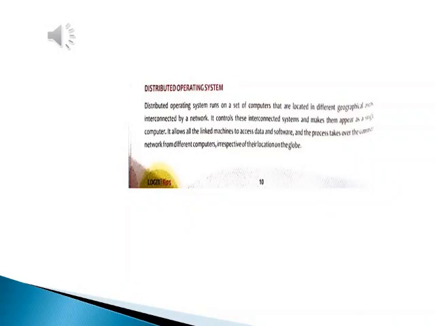If you understood, more than one computer, wherever they may be in the world or on the globe, are connected through the network. This operating system controls the interconnected systems and makes them appear as a single computer. Whether they are more than one computer, they are treated as a single computer.